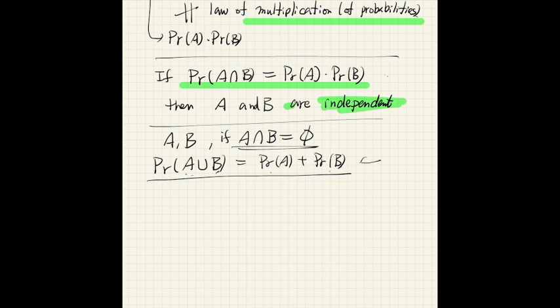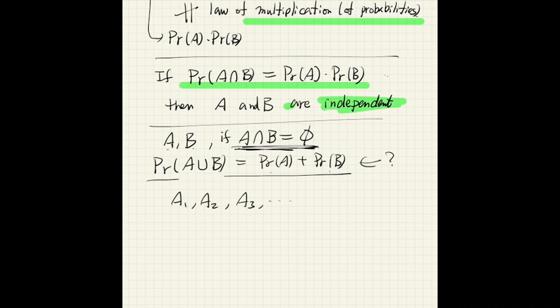Why does this hold? Because this holds from the definition of the probability measure. Remember the axiom 3? We had this condition. So this is the special case of the third condition, where there are only two sets. Now, of course, in the axiom we had infinitely many subsets like this.